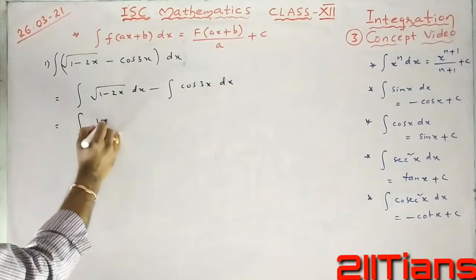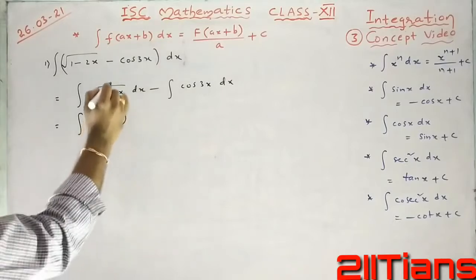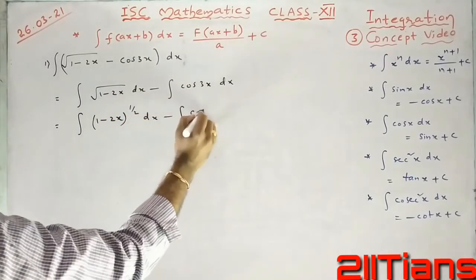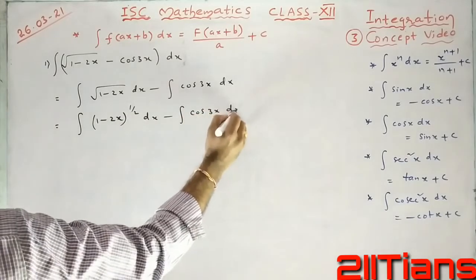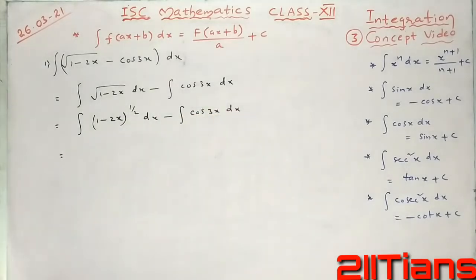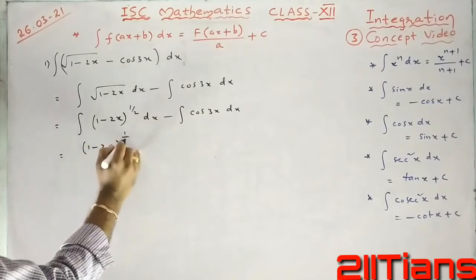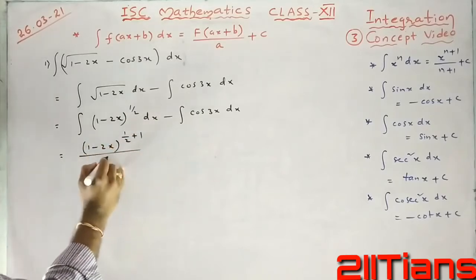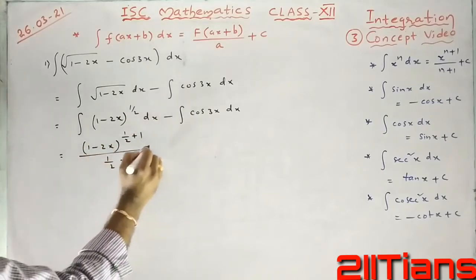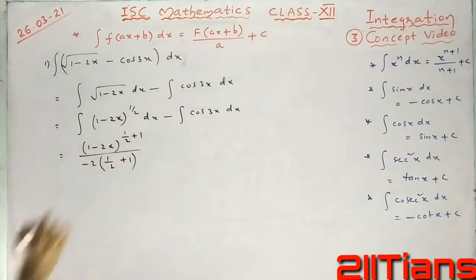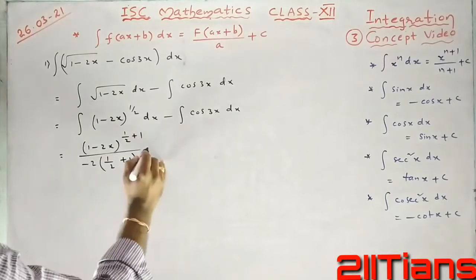This I can write as 1 minus 2x whole to the power 1 by 2 dx. As I told you, it looks like whole to the power n. x to the power n means we can write x to the power n plus 1 upon n plus 1. And what is the coefficient of x here? Minus 2. That should be written in the denominator.